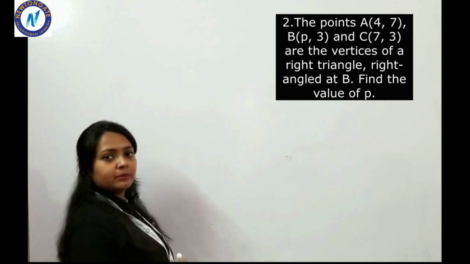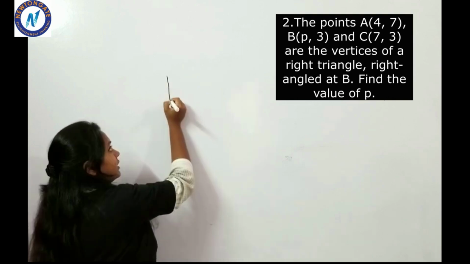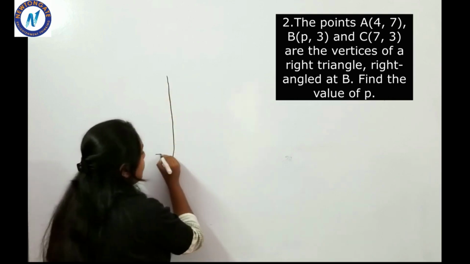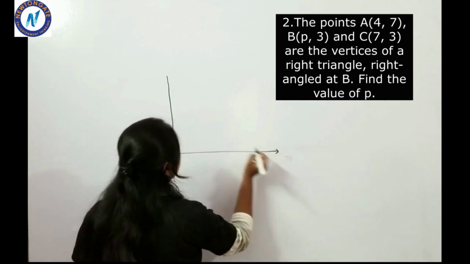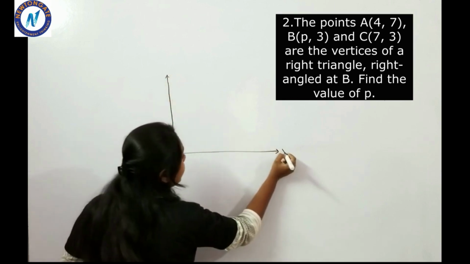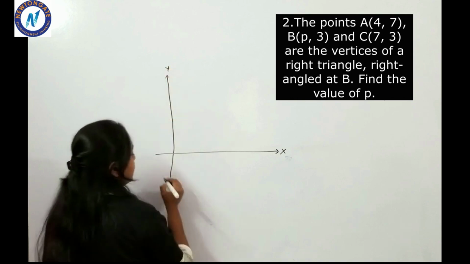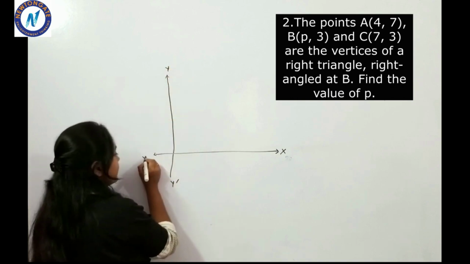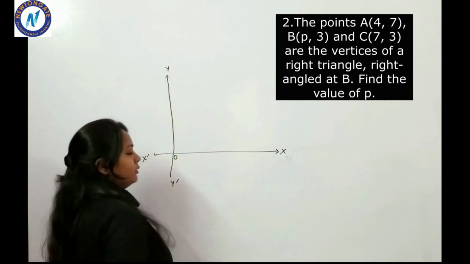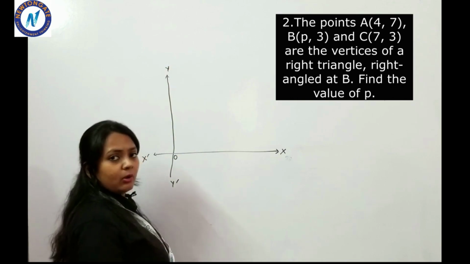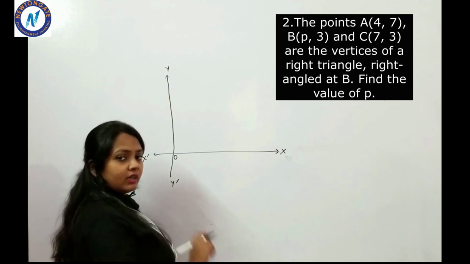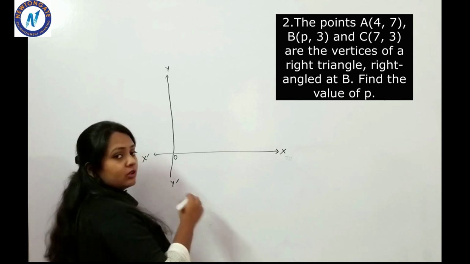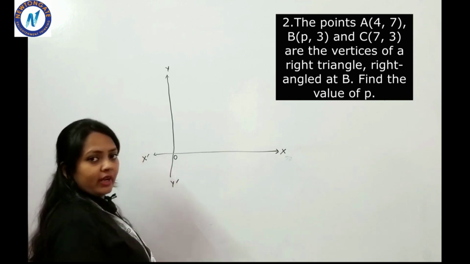At first we will draw the figure. This one is the y axis and this one is the x axis: X, Y, Y dash, X dash, and this one is O. Now the coordinates of A, B, C are given here. Let's draw the right angle triangle.